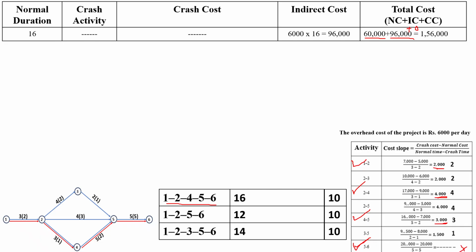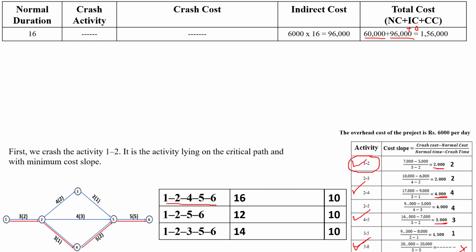So among these 2000, 4000 and 3000, the minimum value is 2000, for activity 1 to 2. So first you have to crash activity 1 to 2. It is an activity lying on the critical path with minimum cost slope, so I have to select activity 1 to 2.